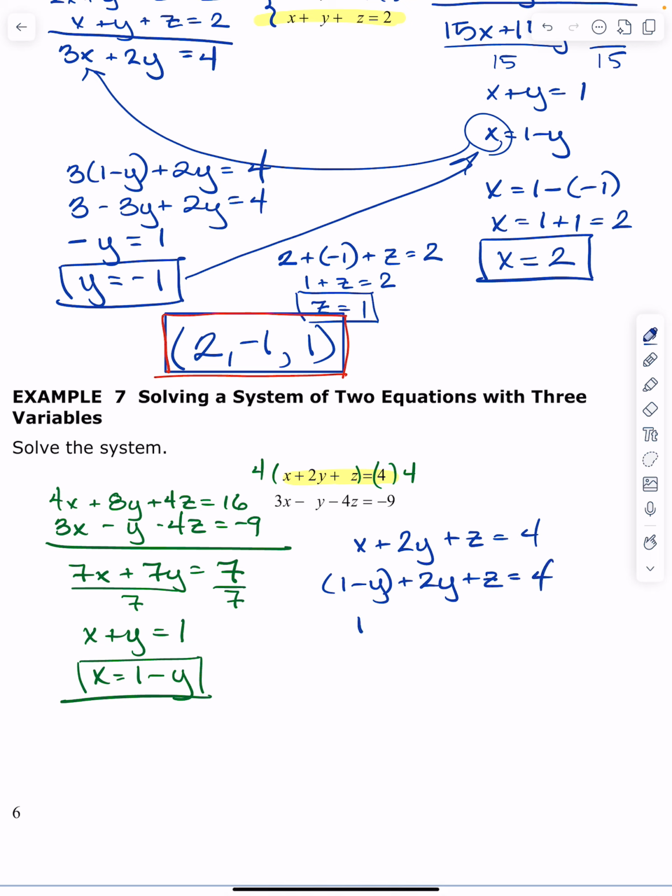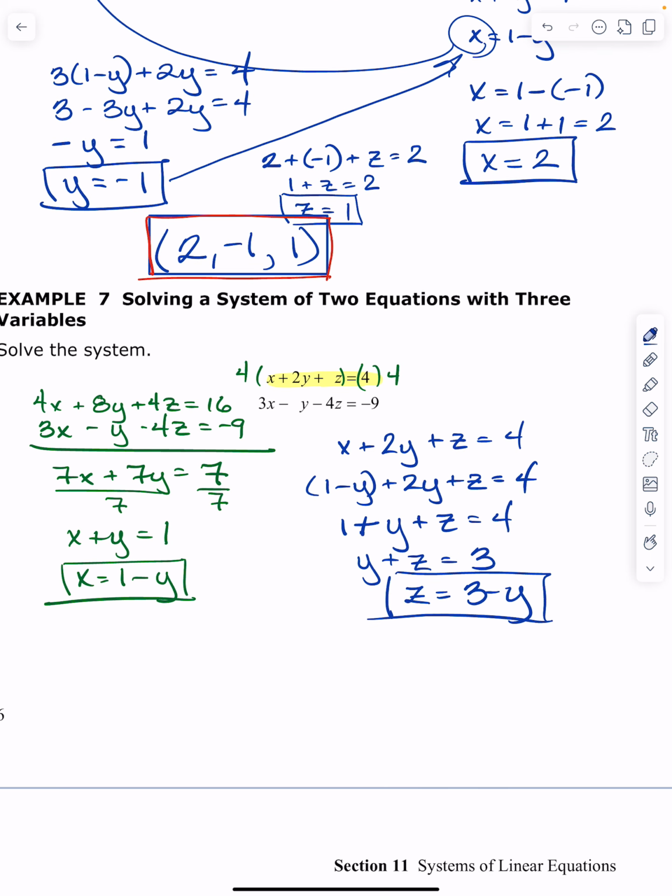So I've got 1 minus y plus 2y is plus y, plus z is 4. y plus z, subtract the 1 from both sides, and I get 3. And again, I'm going to solve in terms of y. z is 3 minus y.